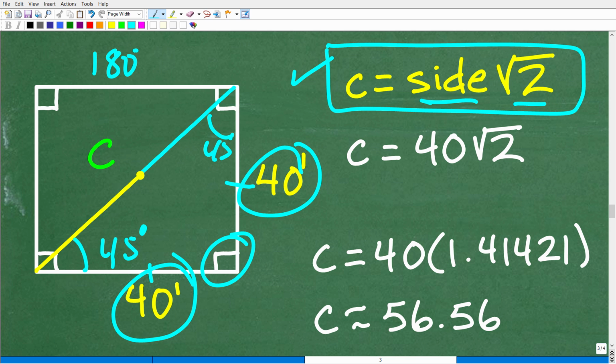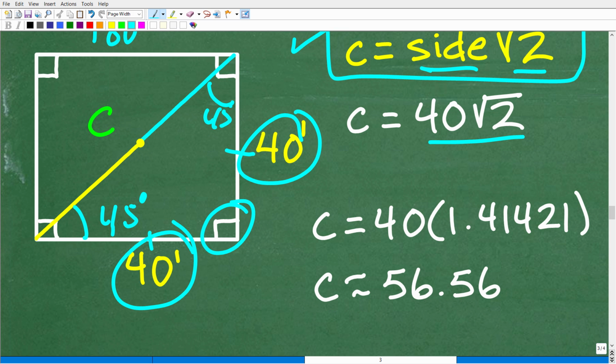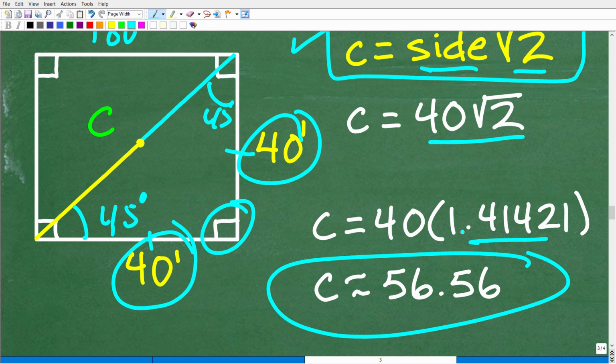If we take 40 multiplied by the square root of 2, for any square, when you want to find the diagonal of any square, all we have to do is use this little shortcut, a side times the square root of 2. In this case, it'll be 40 times the square root of 2. Take the square root of 2 in your calculator, you'll get this decimal approximately. So 40 times 1.41421 is approximately 56.56. Same answer, okay?